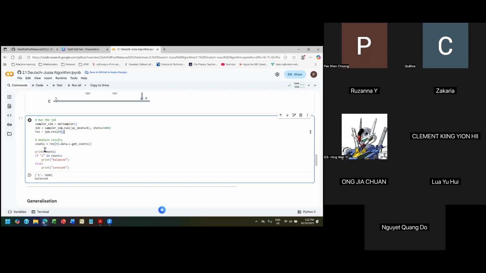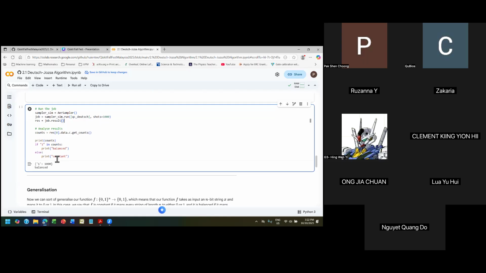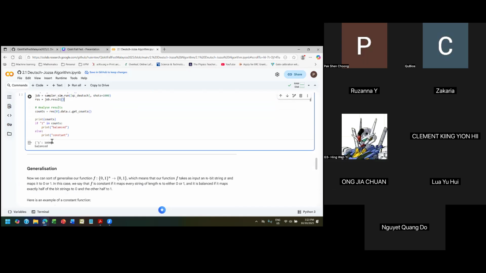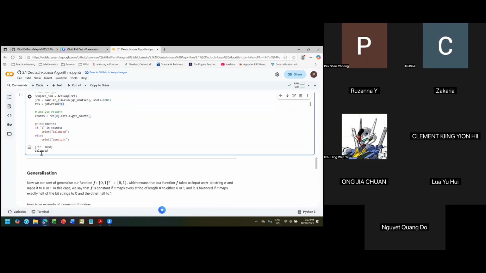Then after that, we can analyze the result. So basically, the counts mean we get the counts of how many zeros, how many ones. Then we can write an if else. If the result is 1, then it's a balanced function. If not, meaning 0, it's a constant function. So when you run this, you should get the number 1 for 1,000 times, because our shots is 1,000 for now.